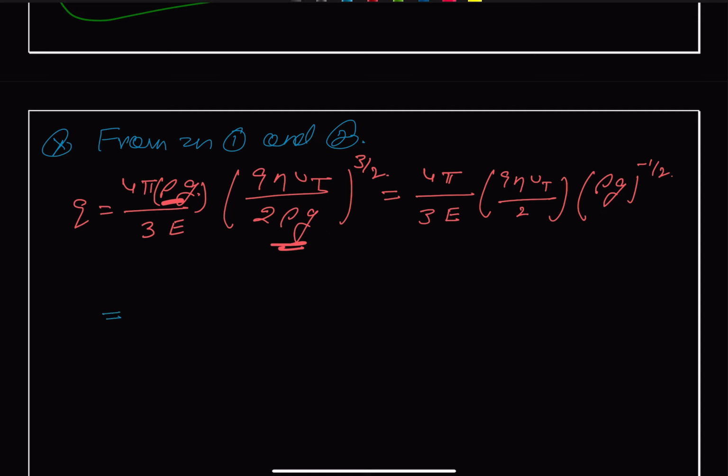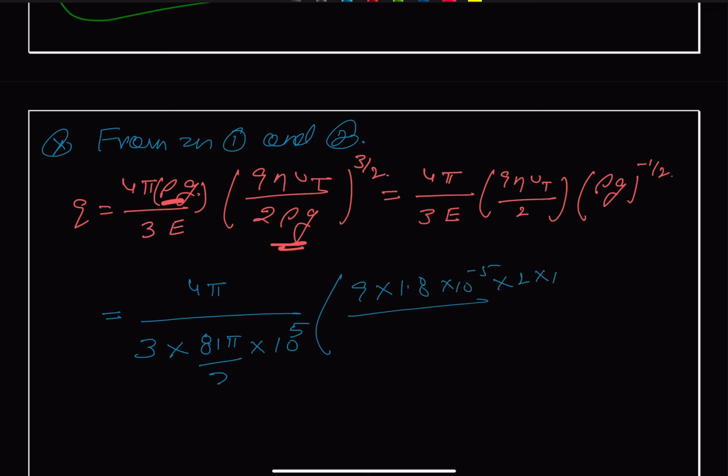So we get 4 pi divided by 3, electric field is given to us as 81 pi divided by 7 into 10 raised to power 5, and here 9 multiplied by 1.8 into 10 raised to power minus 5, times 2 into 10 raised to power minus 3 divided by 2, and this is 900 into 9.8 raised to power minus 1 by 2.